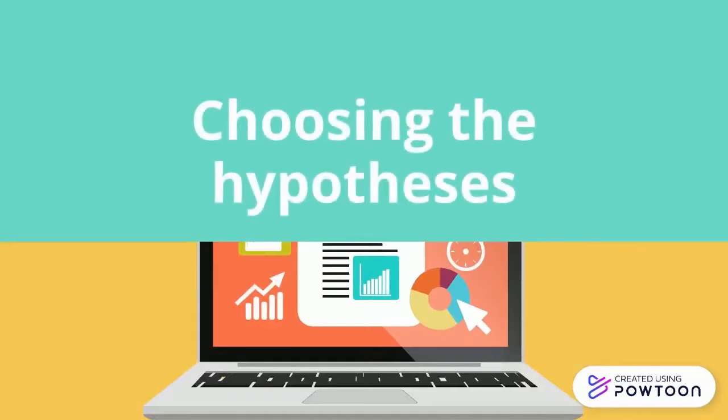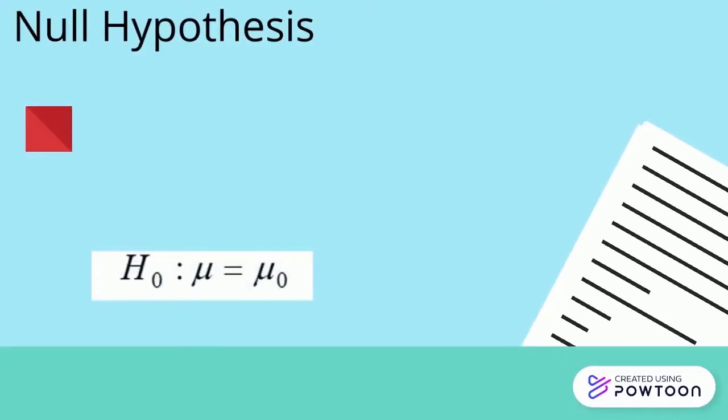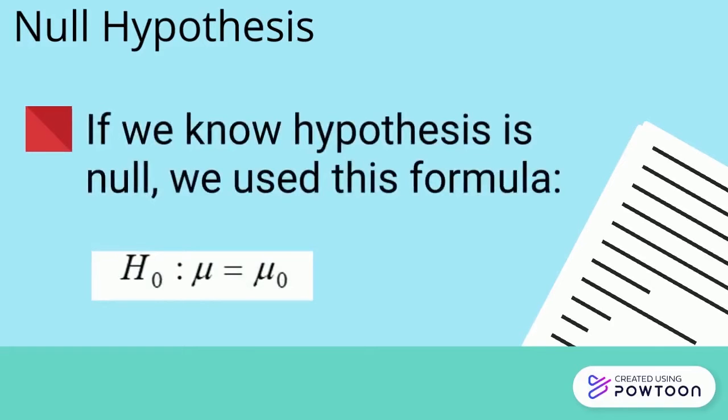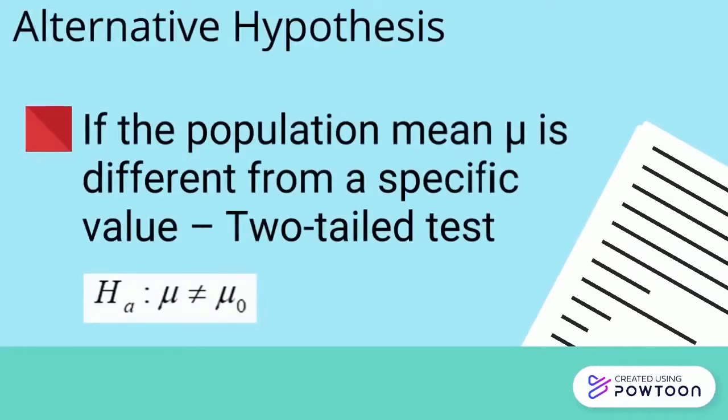Next topic is choosing the hypothesis. If we know the hypothesis is null, we will use this formula. Next is alternative hypothesis. If the population mean is different from a specific value, it means two-tailed test, and we will use this formula.